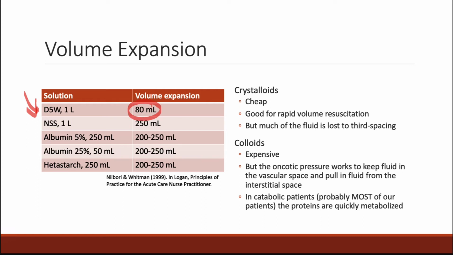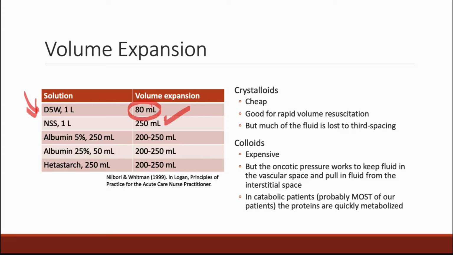Okay? Saline, when we give a liter of saline, we have about 200 to 250 cc's that remains intravascular volume. So 3/4 of what we deliver ends up in the interstitial space or peed out. That's a lot. But it's cheap. It's good for rapid infusion.